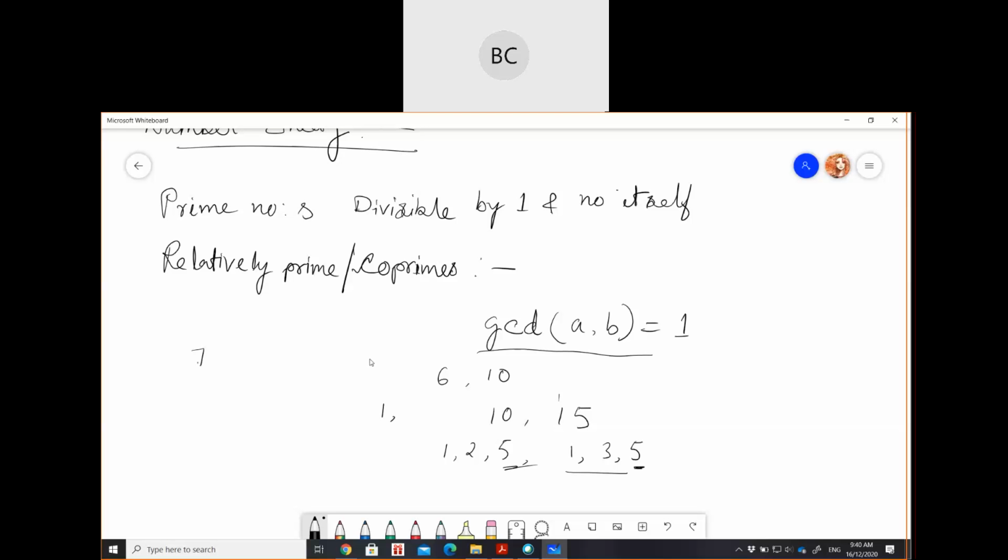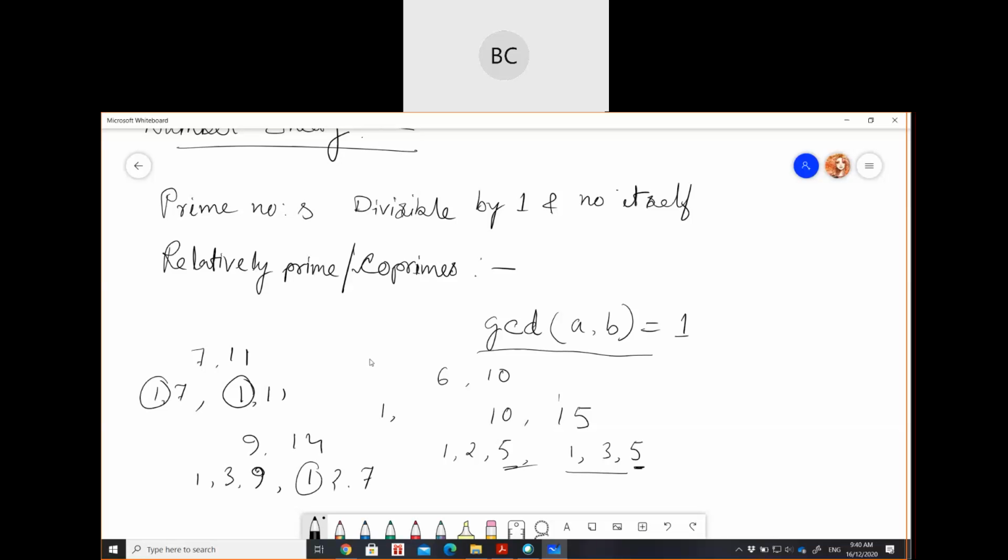7 and 11. Okay. Yes, correct. For 7 it's 1 and 7 itself, and for 11 also 1 and 11. So you can say the highest common divisor is just 1. 9 and 14, yes. For 9: 1, 3, 9 itself. Then for 14: 1, 2, 7.